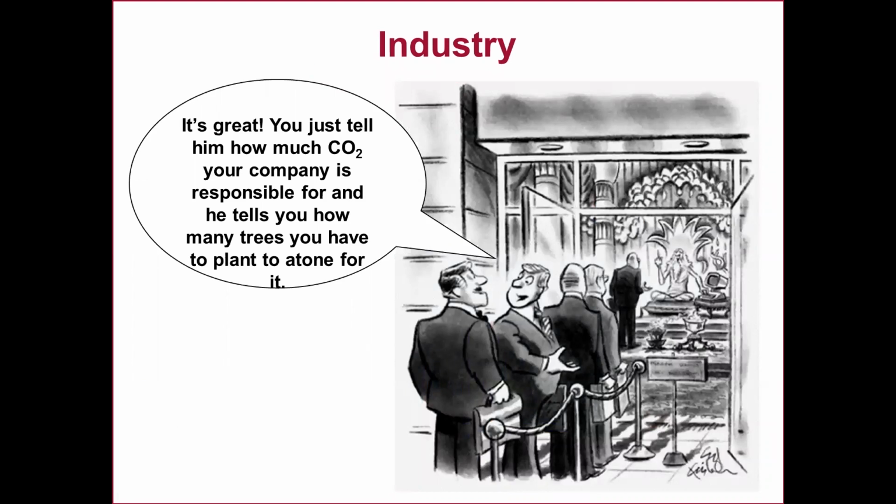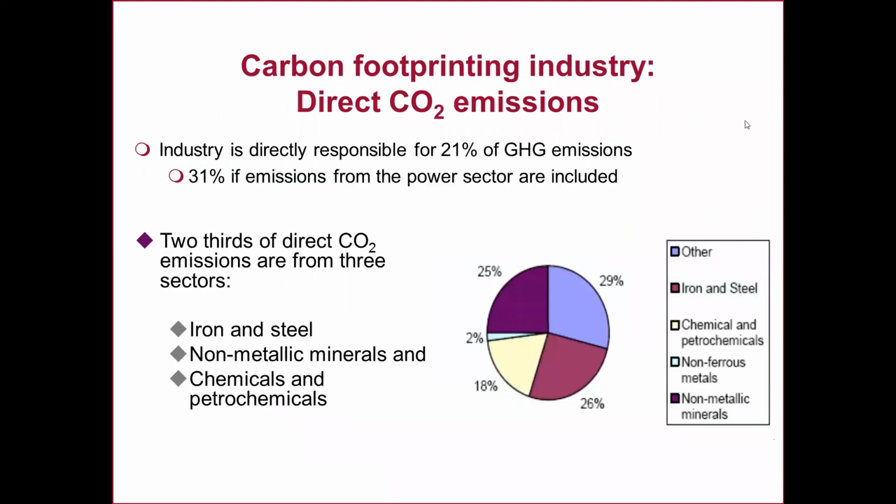Next is about the emission from industrial sources. As at the start of the presentation, I was mentioning the carbon footprint of industry. It's caused by direct emission as well as indirect. Directly, industry contributes 21%. And if we include, say, power, electricity and heat usage, then the total emissions are about 1/3 of all global emissions.